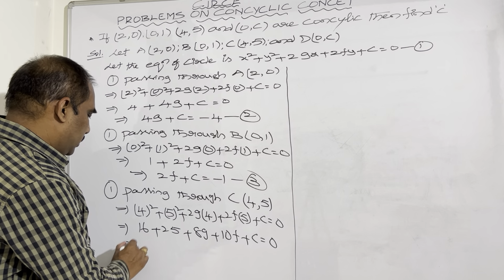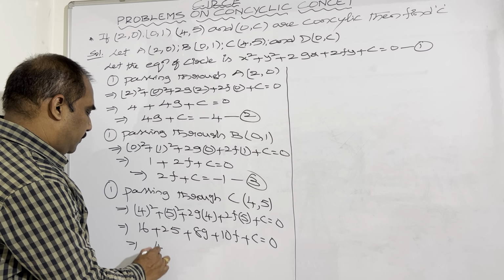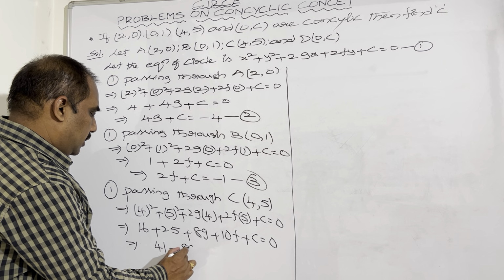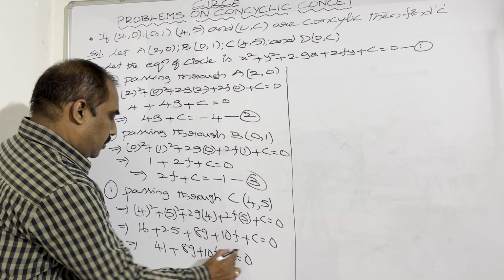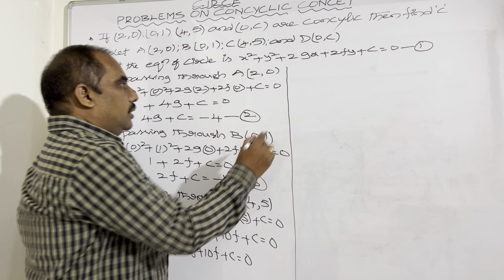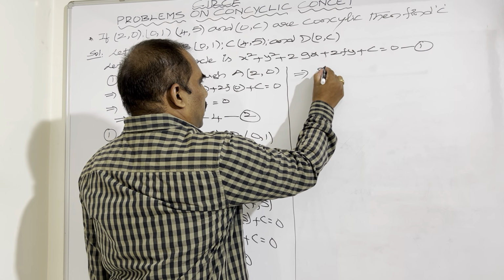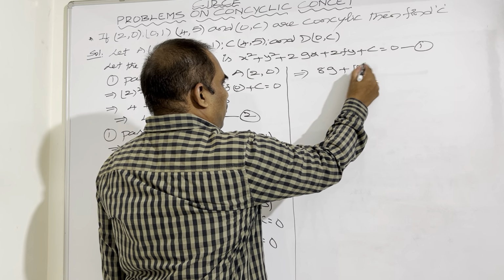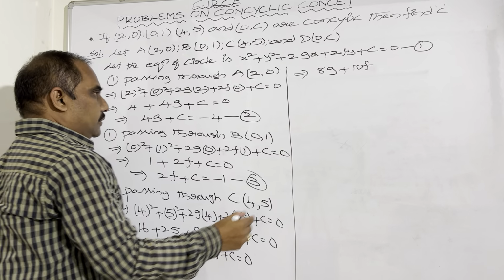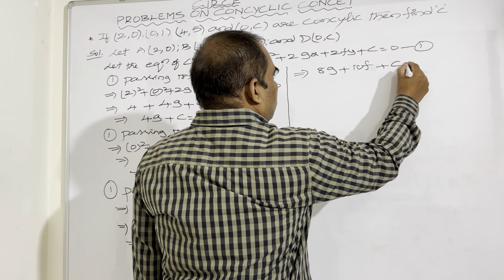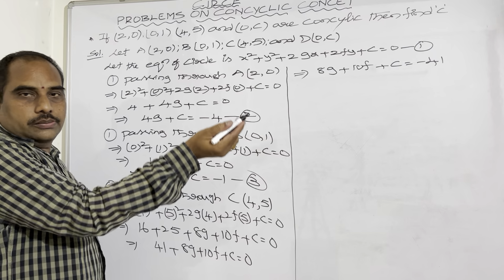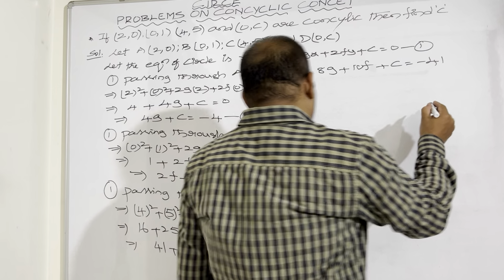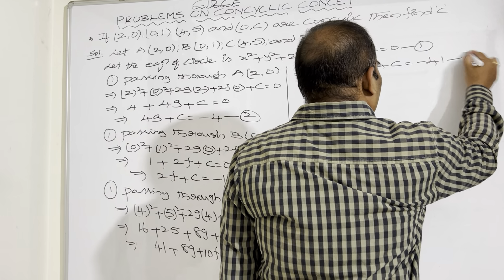We know 16 plus 25 is 41, so 8g plus 10f plus c is equal to minus 41. Say this is equation 4.